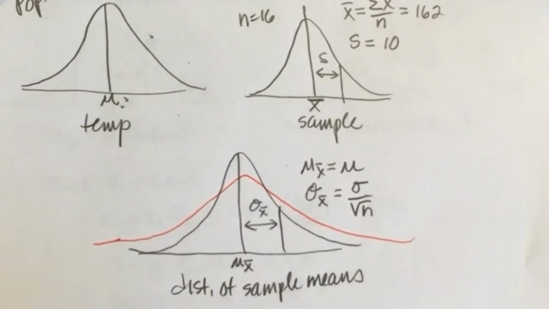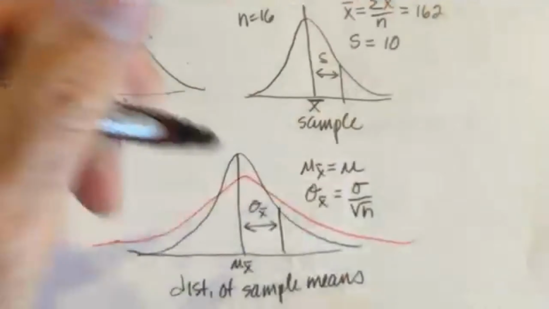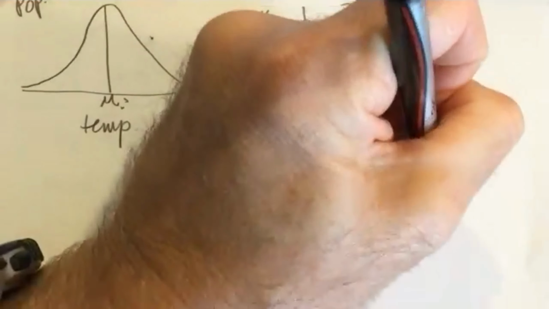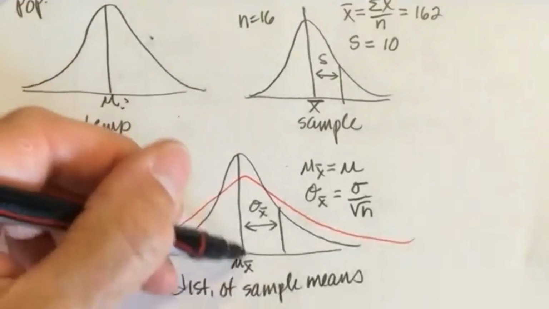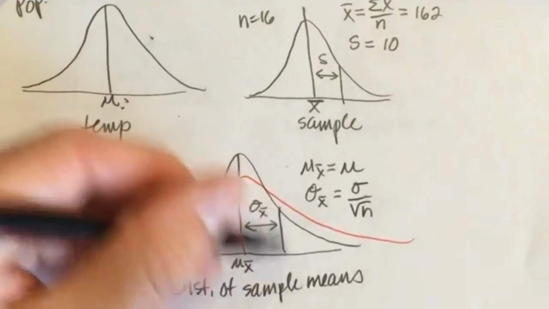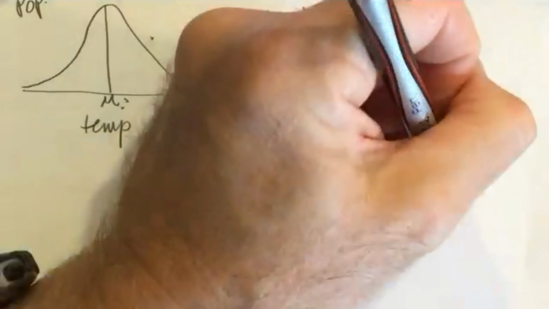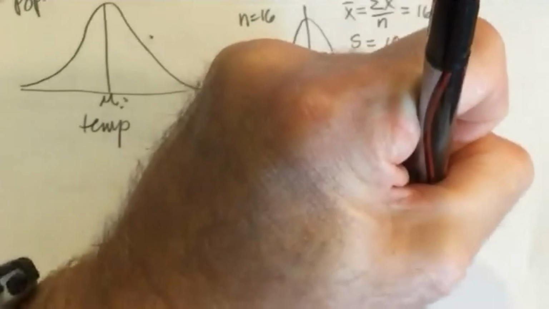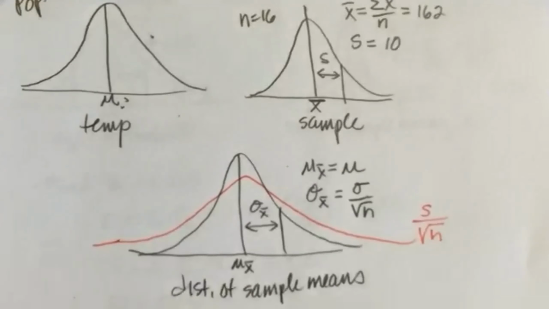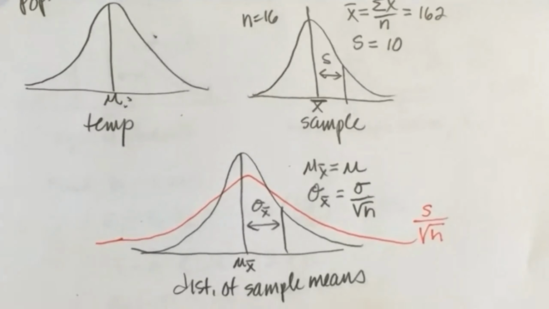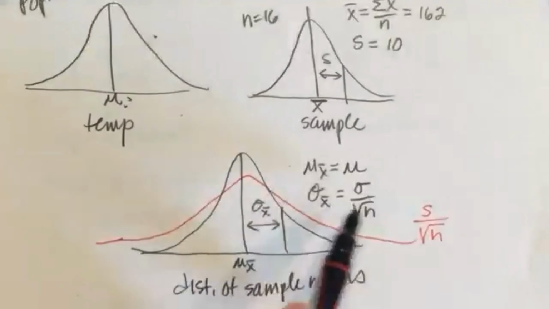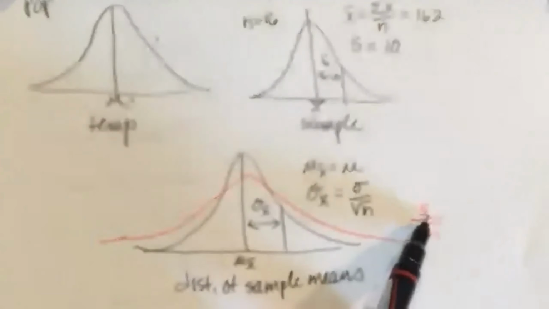It's going to be more spread out. The mean is still centered right here at the mean, but the spread is going to be given by S over the square root of the sample size, because we're estimating the population standard deviation using the sample.